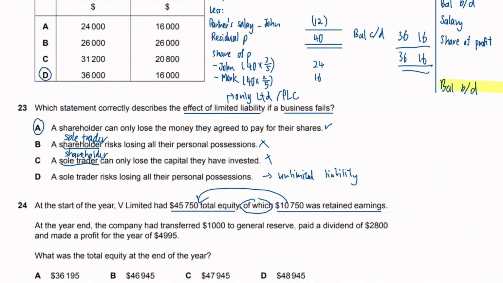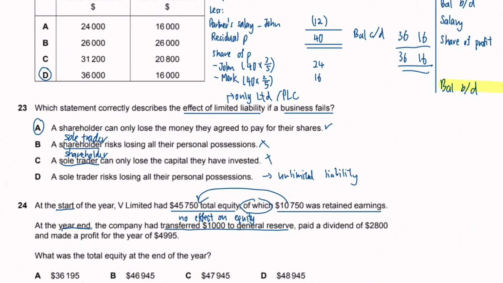At the year end, the company had transferred 1,000 to general reserve. However, we know that this has no effect on equity, because you minus out from retained earnings and plus back to general reserve, so the overall effect on total equity is 0.